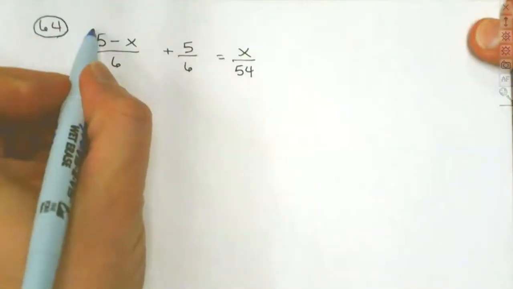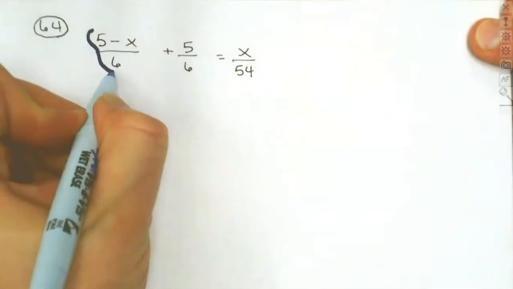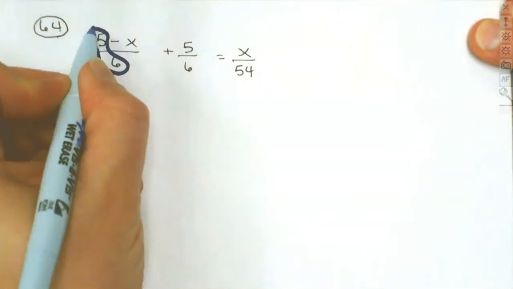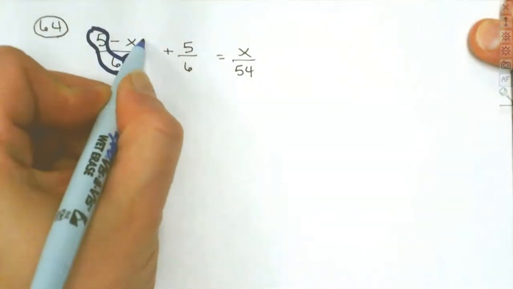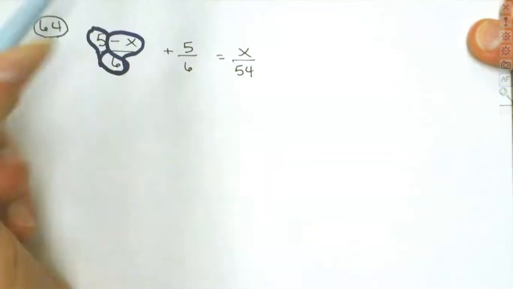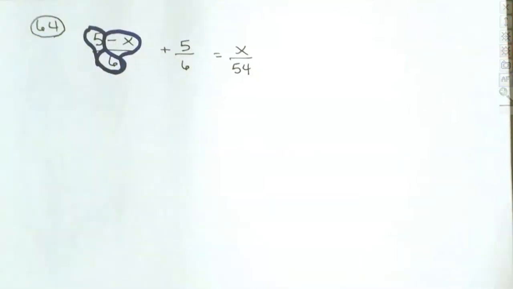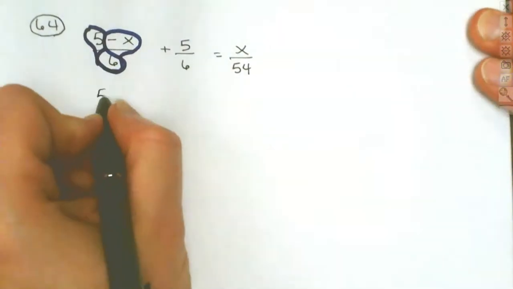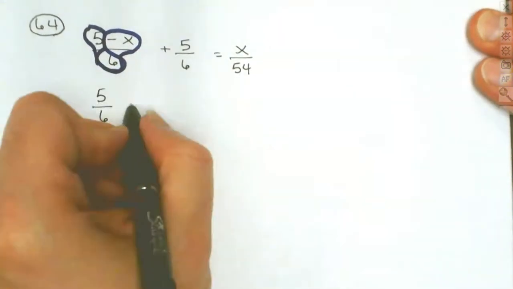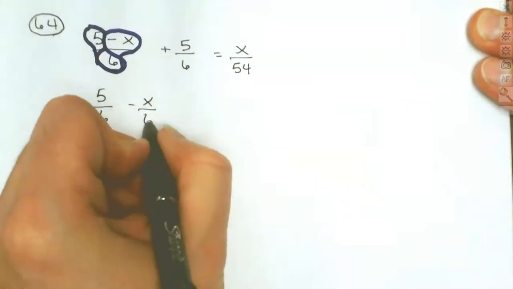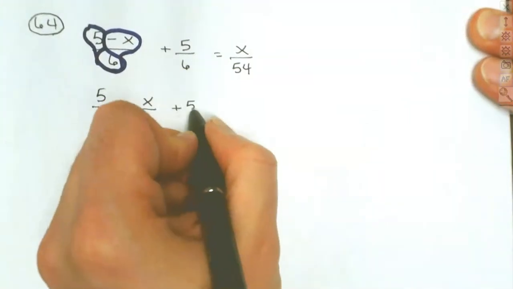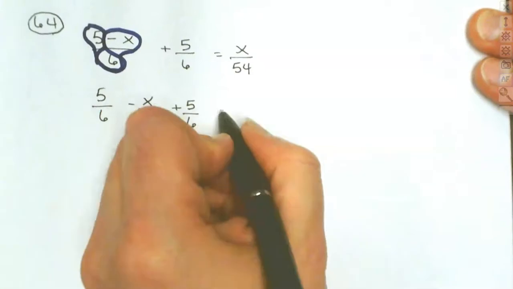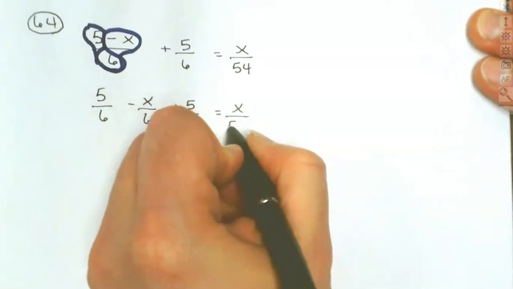So we have this. Now this is 2 fractions, so I'm going to split it up into 2 separate parts and clear the fractions. So rewriting, that would now be 5 over 6 minus x over 6 plus 5 over 6 equals x over 54.